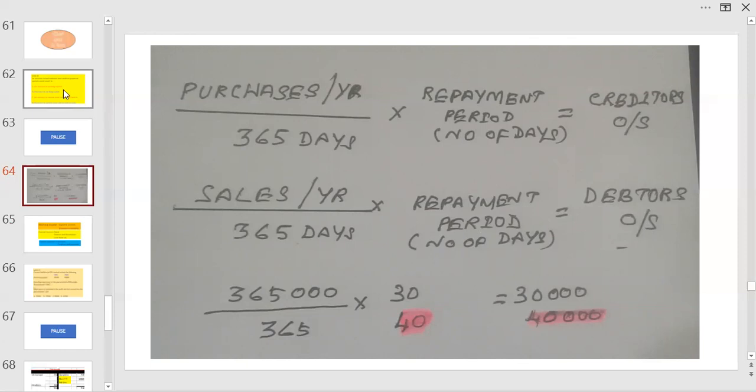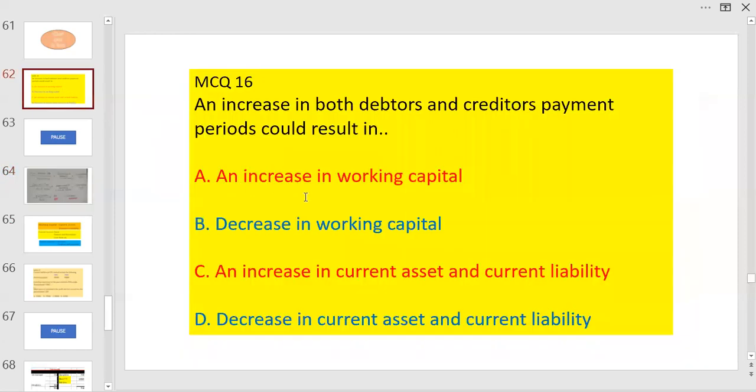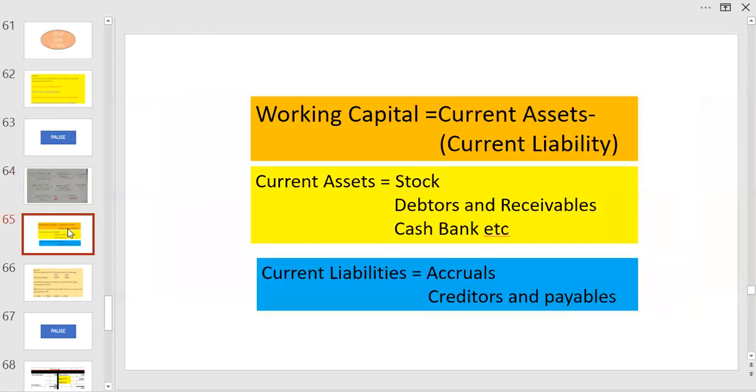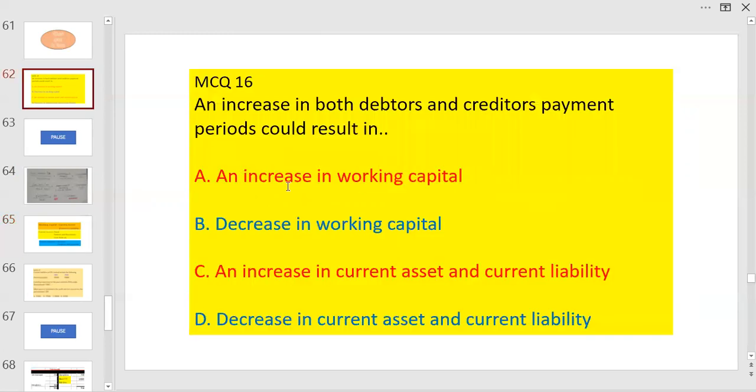Coming back to the answer, they say increase in working capital. For an increase in working capital, current assets have to get increased more than the current liability. Now in the sum, it is nothing like that that is stated. So increase in working capital cannot be the answer.